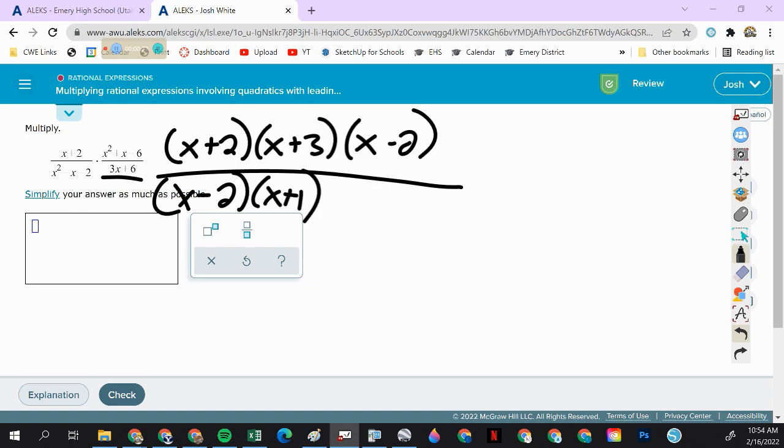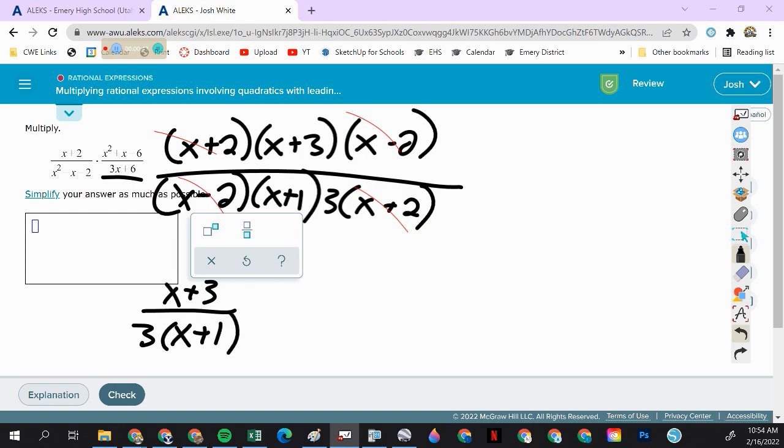And then on this one, I can pull out a 3, and I get x plus 2. Pretty simple. Start canceling things, and I'm left with x plus 3 over 3 times x plus 1. That's the answer.